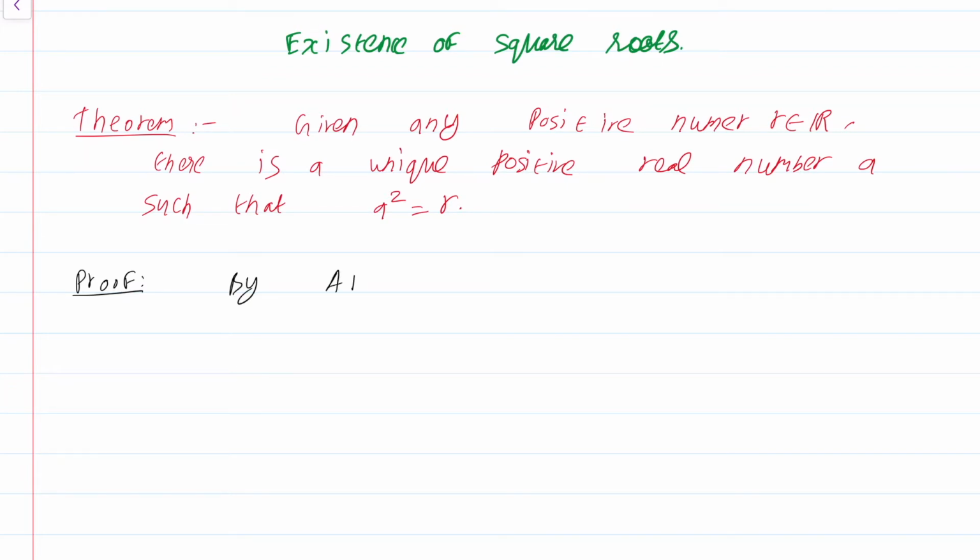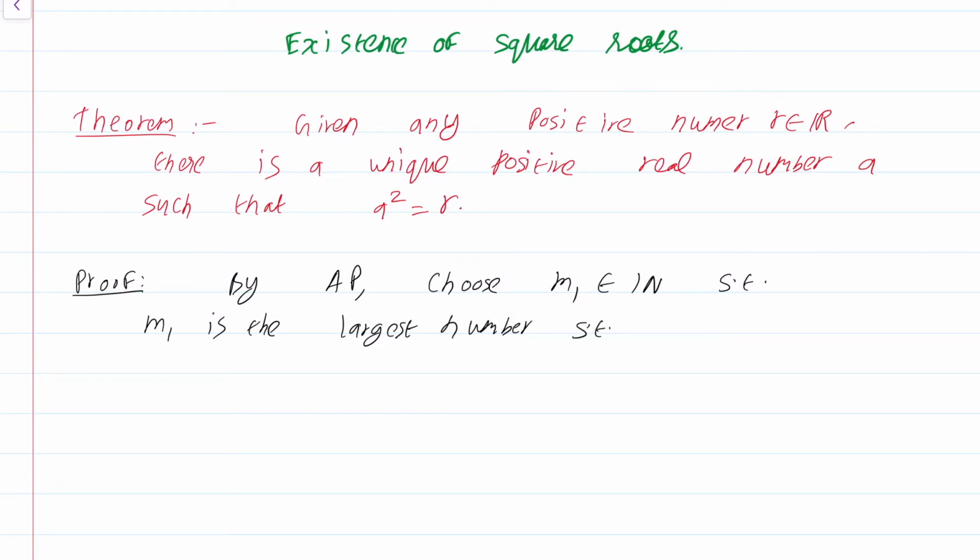By Archimedean property, choose m1 in the natural numbers such that m1 is the largest number such that m1 squared is less than r. Okay, so there will always be a largest natural number such that m1 squared is less than r.